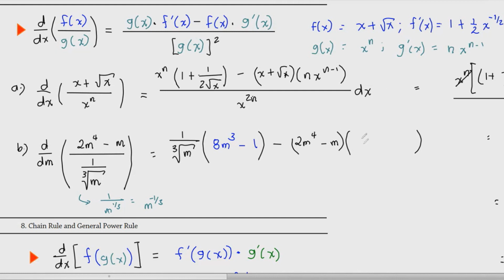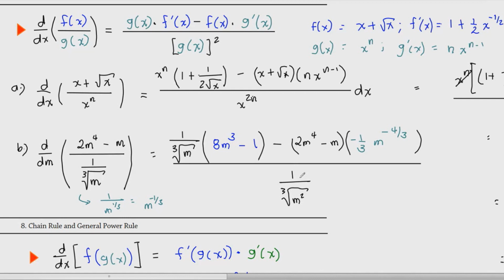So I'll be having negative 1/3 then m. Negative 1/3 minus 1 would be equal to negative 4 over 3. So we have here negative 4 over 3, and then we need to divide all of these by the square of the denominator. The square of the denominator would be 1 over the cube root of m quantity squared. So we have 1 divided by the cube root of m squared.